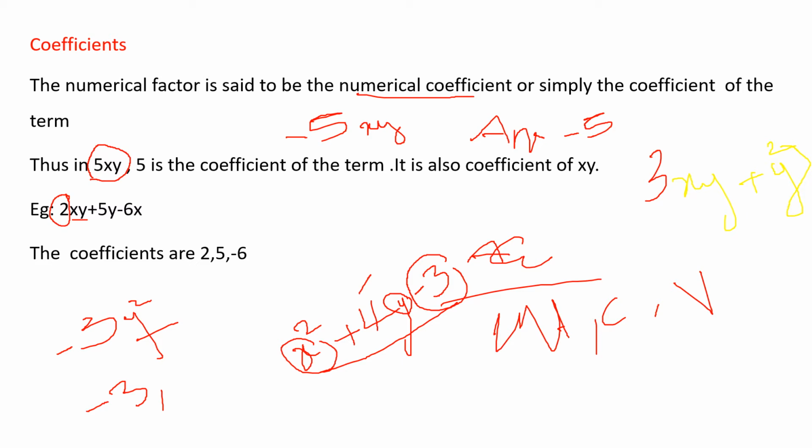One more time I'll explain. So what answer will you write? Will you write 3? No, I clearly mentioned write the coefficient of y square. Here this is the y square term. So if there is no number, what is the meaning? 1. If no number is there, it is just x square or xy, then the coefficient is 1.